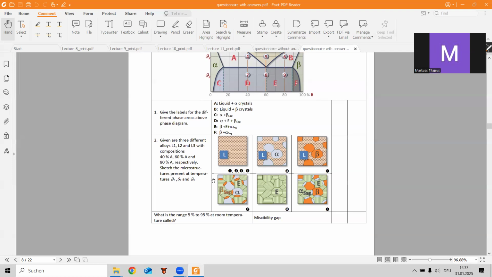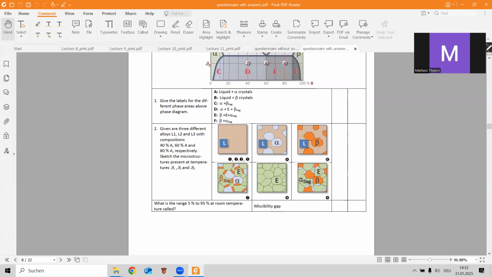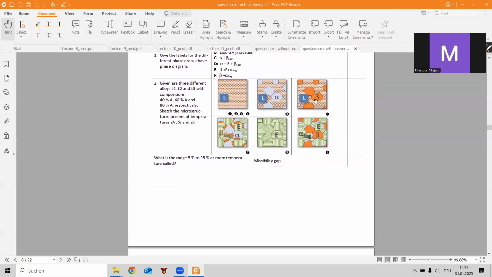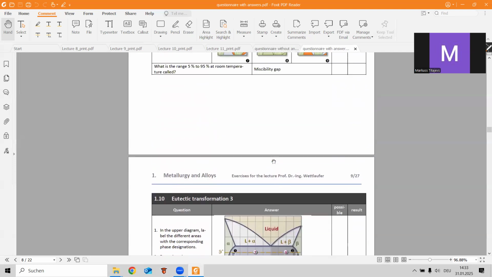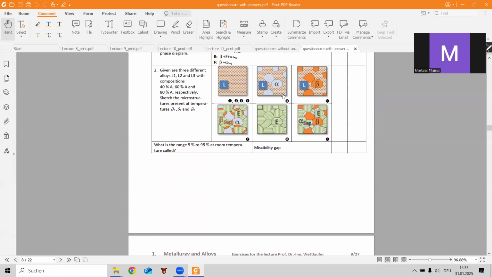Here we sketch the microstructure for different temperatures. So what is the range at room temperature called? Gap.